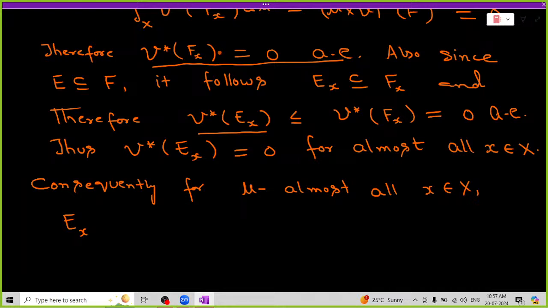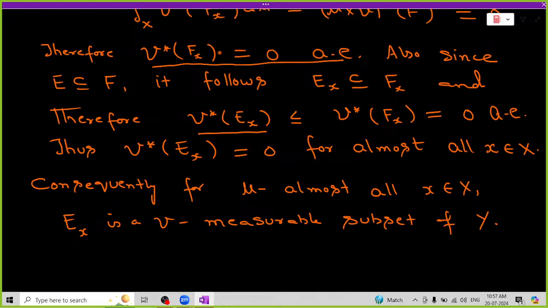So this x section is a nu measurable subset of Y. So measurability is done.